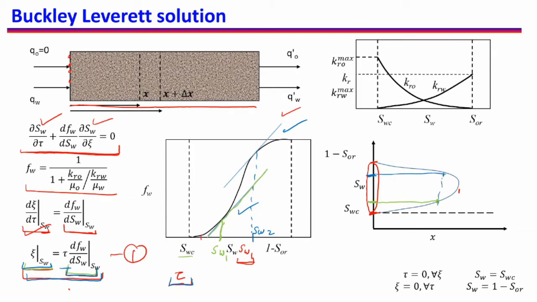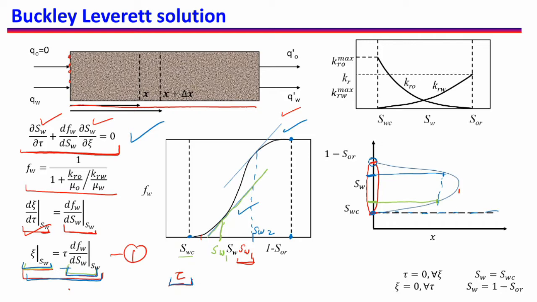And if we talk about SWC and 1 minus SOR, SWC has a slope close to 0, so SWC also does not move anywhere. There is SWC, that is a trivial solution of this differential equation. Then at 1 minus SOR, there also the slope is close to 0, so that means 1 minus SOR is also not moving, its velocity is 0.